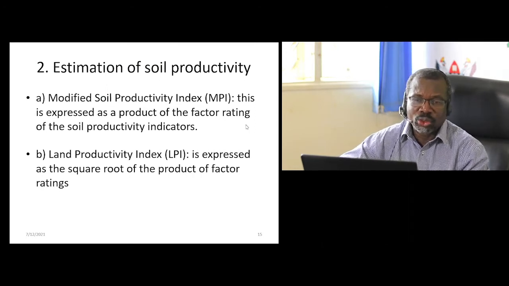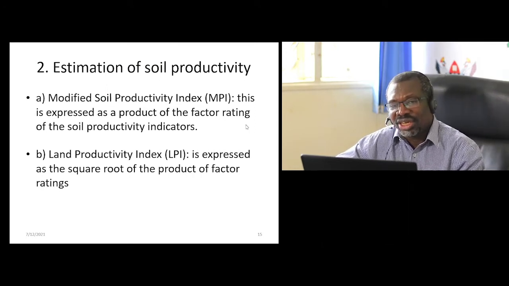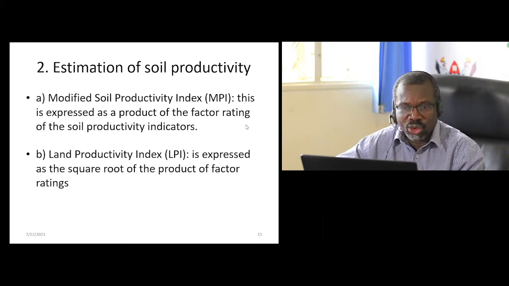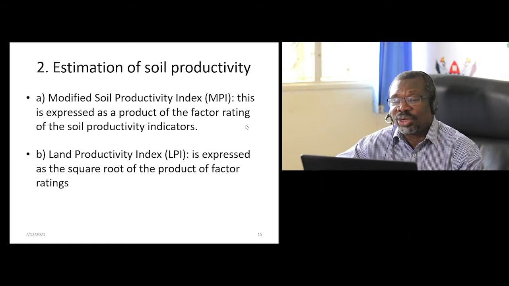There are a number of models which have been developed in the 70s and improved over time. Here I'm thinking about the modified soil productivity index and the land productivity index. The modified soil productivity index is basically the product of the different factor ratings.